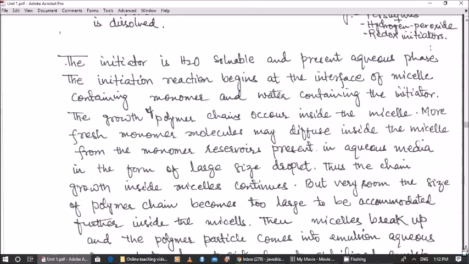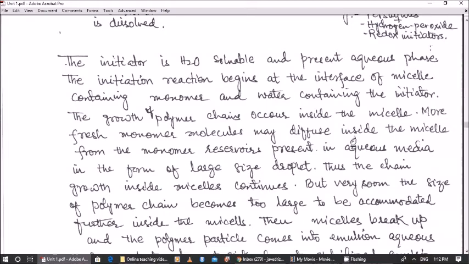The growth of the polymer chain occurs inside the micelle. More fresh monomer molecules may diffuse inside the micelle from the monomer reservoir. The monomer reservoir is basically the bigger monomer droplets which are dispersed in the aqueous media.